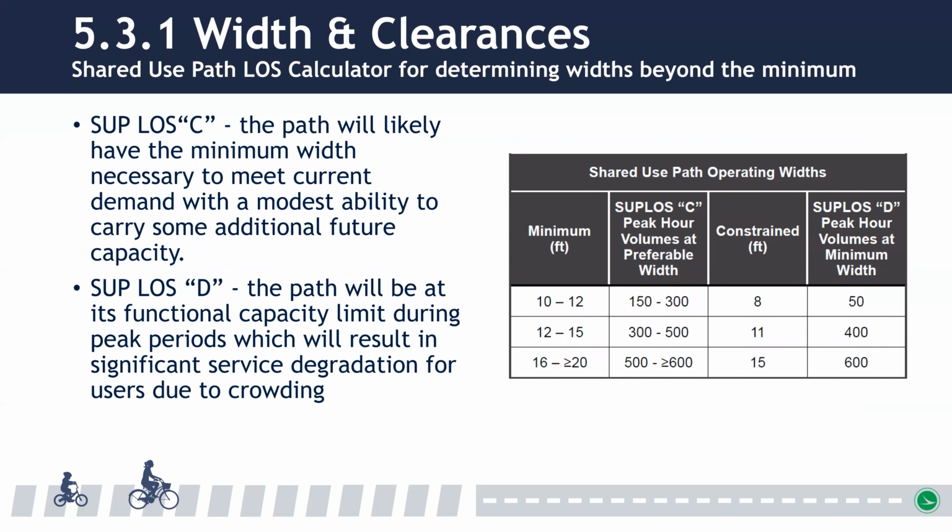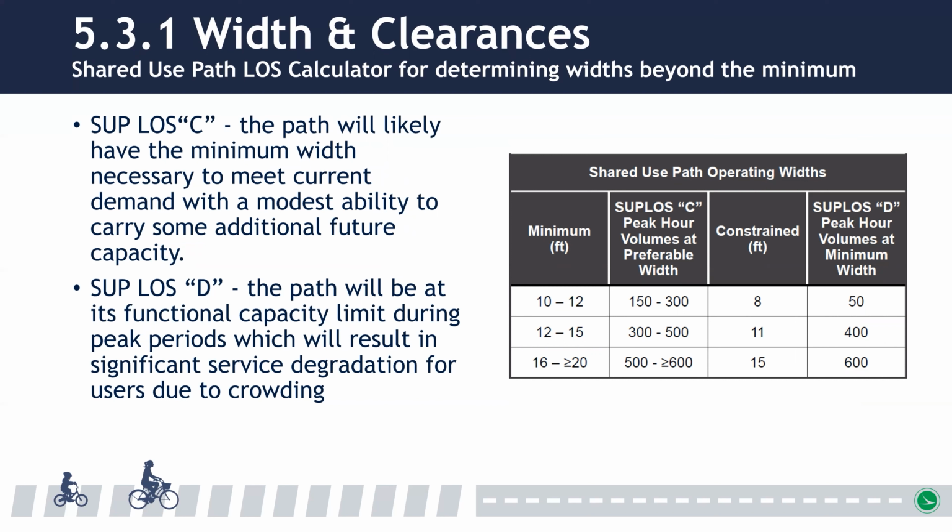FHWA provides a spreadsheet called the Shared Use Path Level of Service Calculator, and it can be used to determine the appropriate width of a shared use path based on inputs such as user volumes and modal split. The table on this slide and in the MDG shows minimum shared use path widths to achieve a shared use path level of service of C. LOS of C means that the path will likely have the minimum width necessary to meet current demand with a modest ability to carry some additional future capacity.